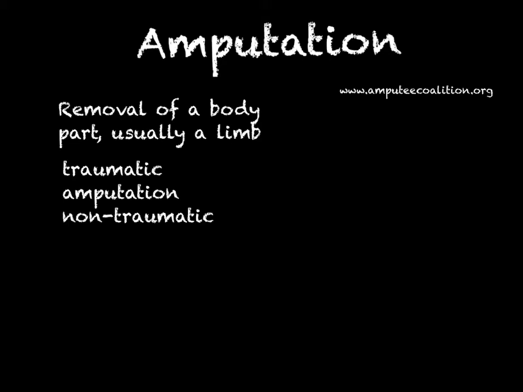But some of the statistics that came out of this were pretty staggering to me. There are nearly, as I said, 2 million people living with limb loss in the United States. And among those living with limb loss, vascular disease is the highest percentage. And a lot of that vascular disease is secondary to diabetes.